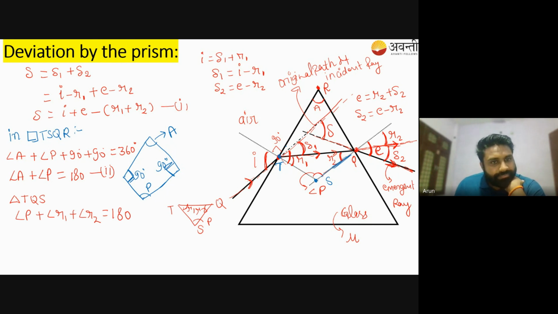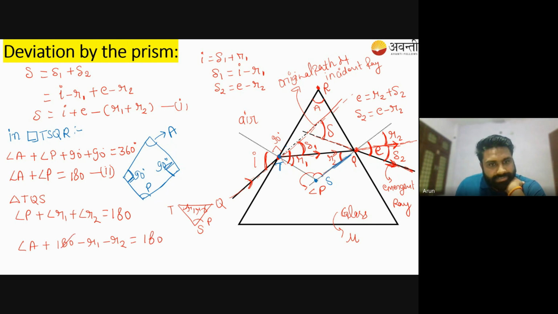So from here we can put the value of angle P in equation number 2. So what do we have? We have angle A plus 180 minus R1 minus R2 equals 180.